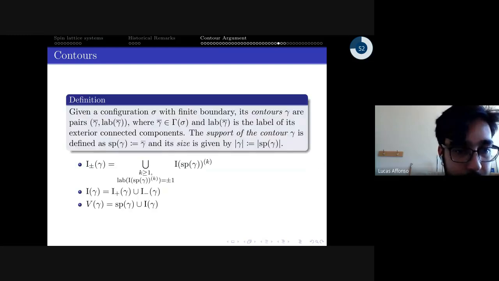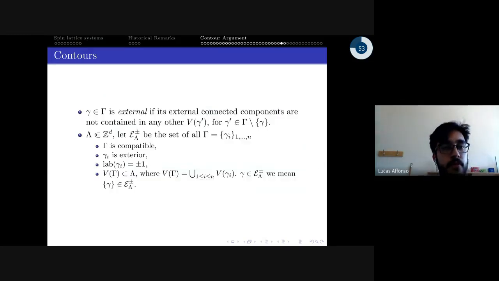Okay. So let's go back. Now for the phase transition, we still need some notation. The first thing I guess everyone may guess what it is, the notion of external contour. This means that its volume is not contained in any other one.